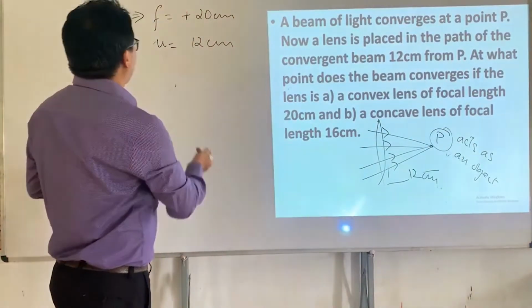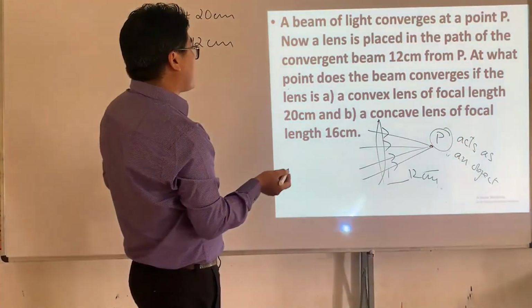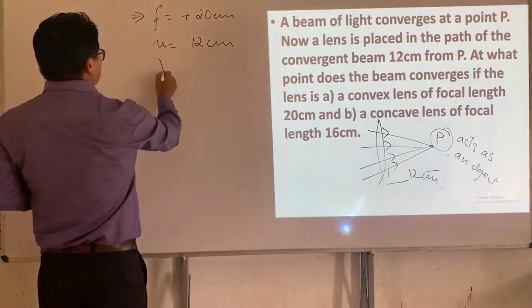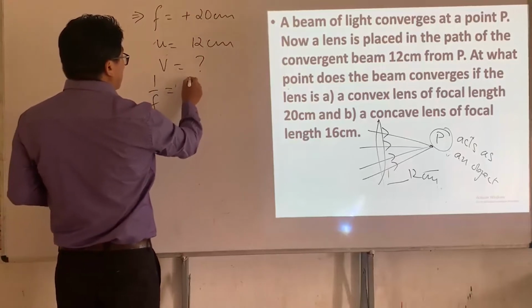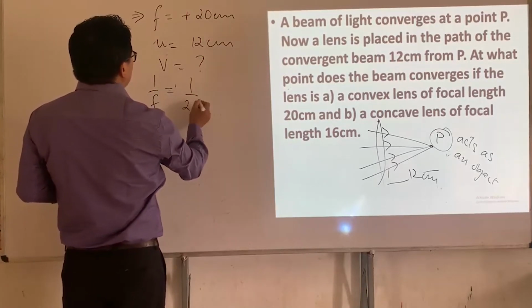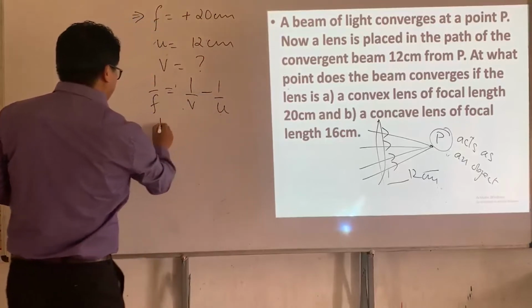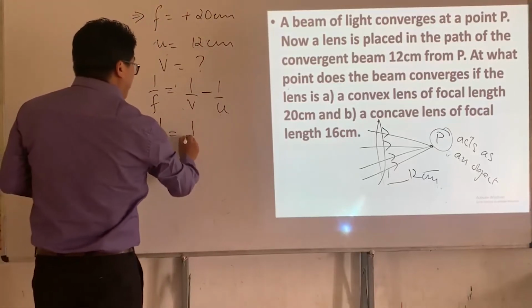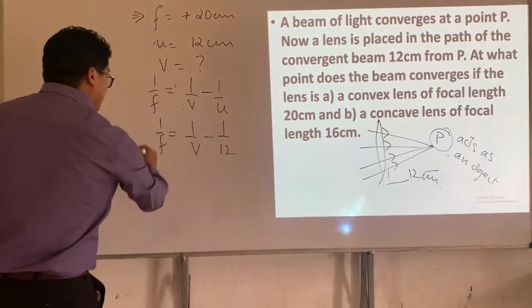And then you are going to find the image distance. What is the point of this? That we are going to find the final image. So therefore, 1 by F is equal to 1 by V minus 1 by U. Alright. What is V? To find out V, U is 12 centimeters.